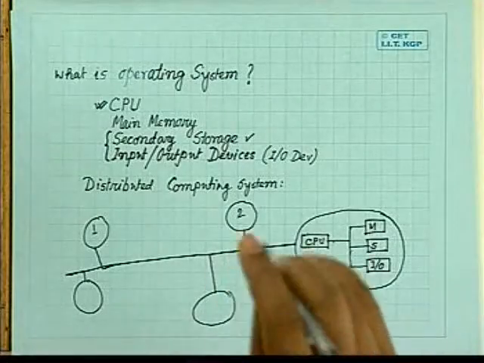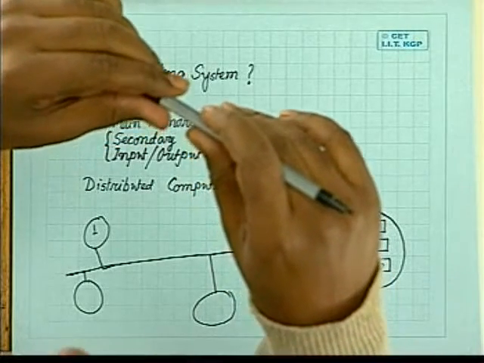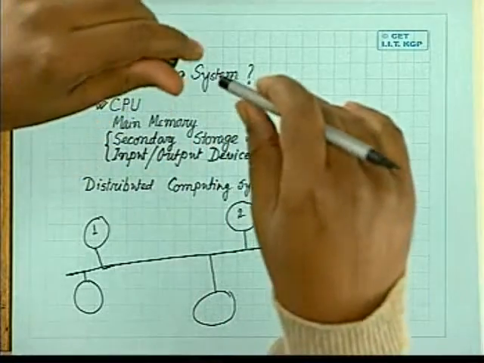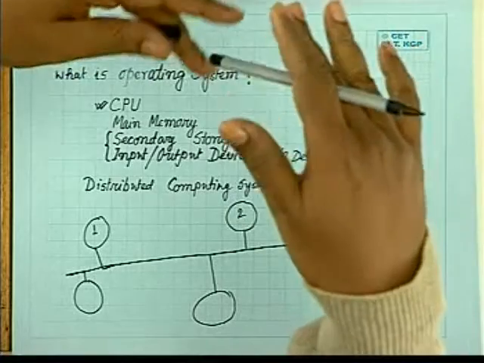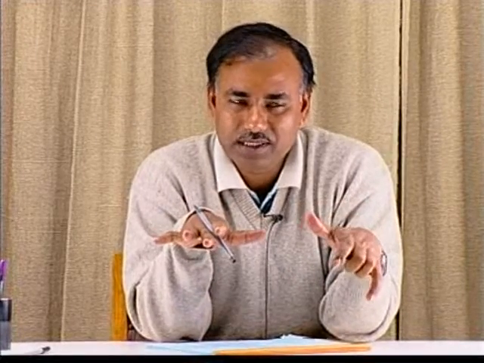So, in brief, we have seen that an operating system can be considered as a resource manager whose major responsibility is to manage the resources in such a way that all the clients of that computer system can make use of those resources in an efficient manner. Okay. So, that will be the responsibility of the operating system.